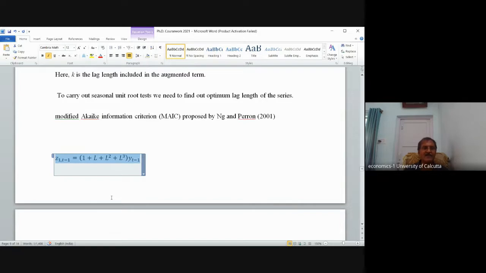That is, Z1 covers, for example, suppose we are now in October, in the case of monthly data. So you need to take into account the values for September, August, July, June, May, April. In this way, you have to cover the past 12 months. In the case of quarterly data, you have to cover the past 4 quarters in Z1 T minus 1.